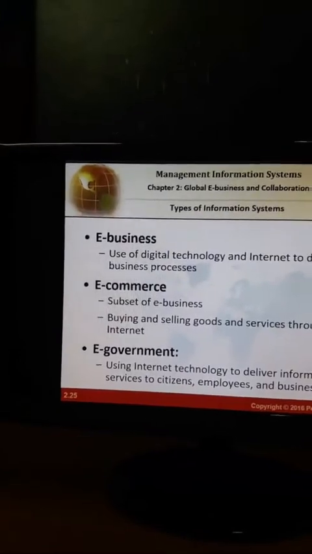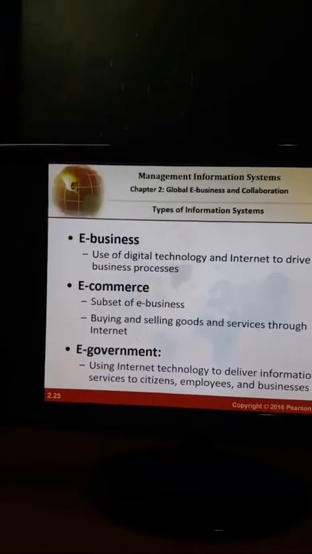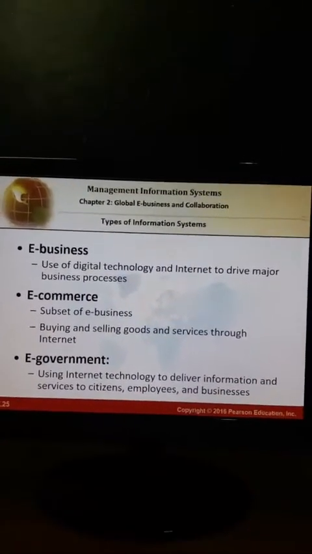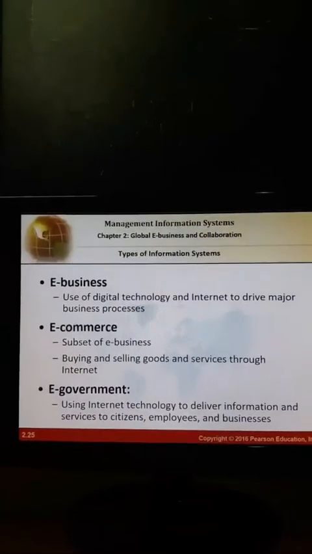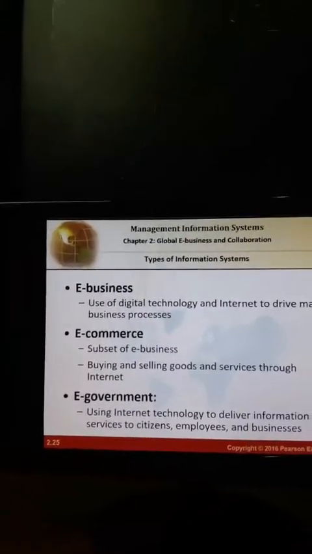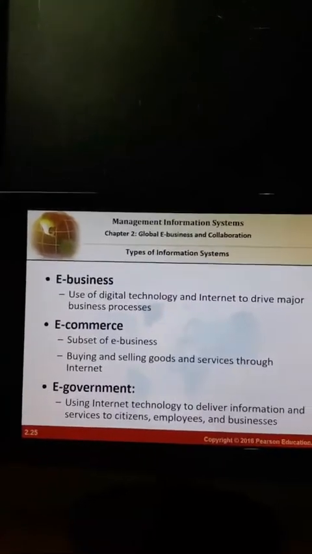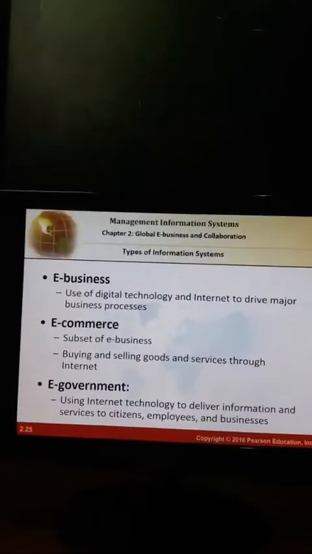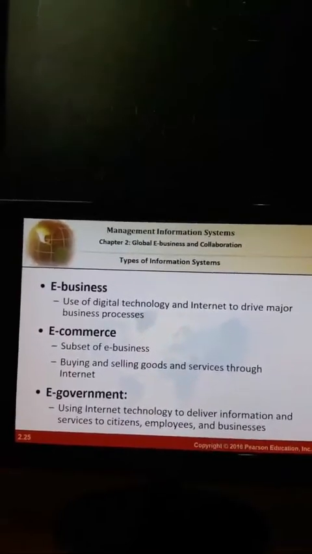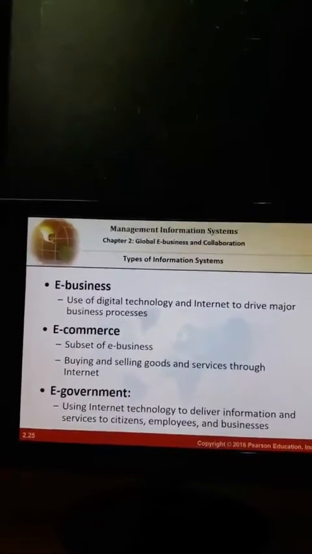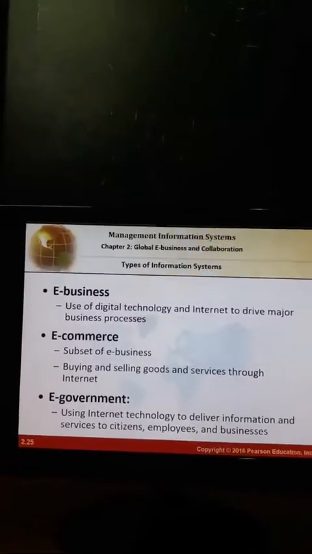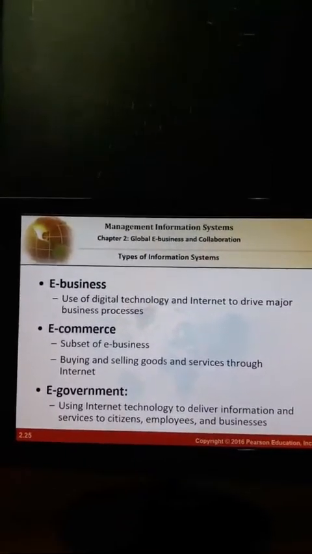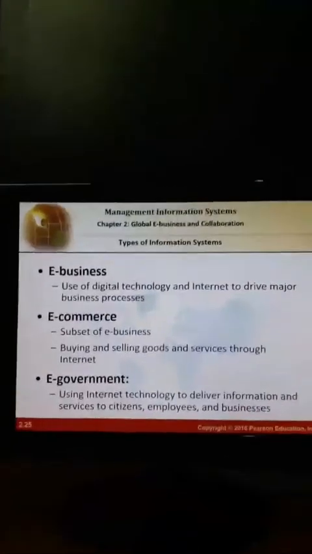Lots of business processes combine to make the business, with lots of functional areas: production and manufacturing, finance, accounts, marketing, HR, sales. If the firm maintains all these functional areas electronically or digitally, then we call that digital business. But when we talk about e-commerce, they deal with only sales, buying and selling.